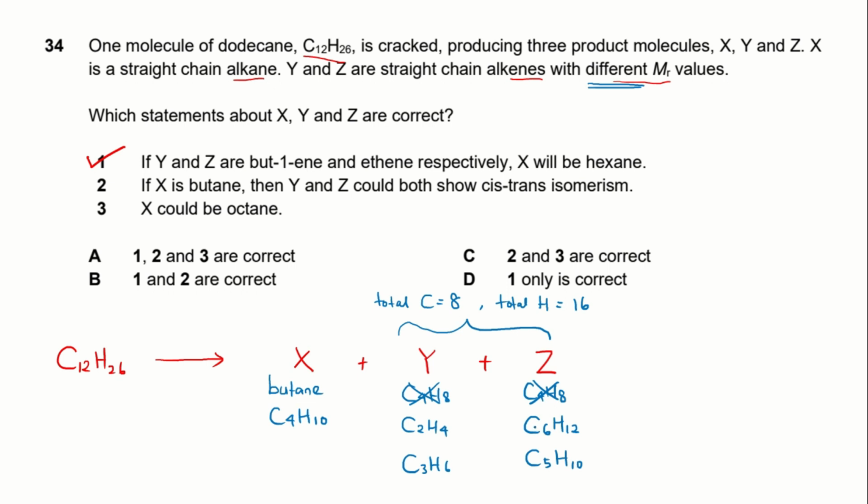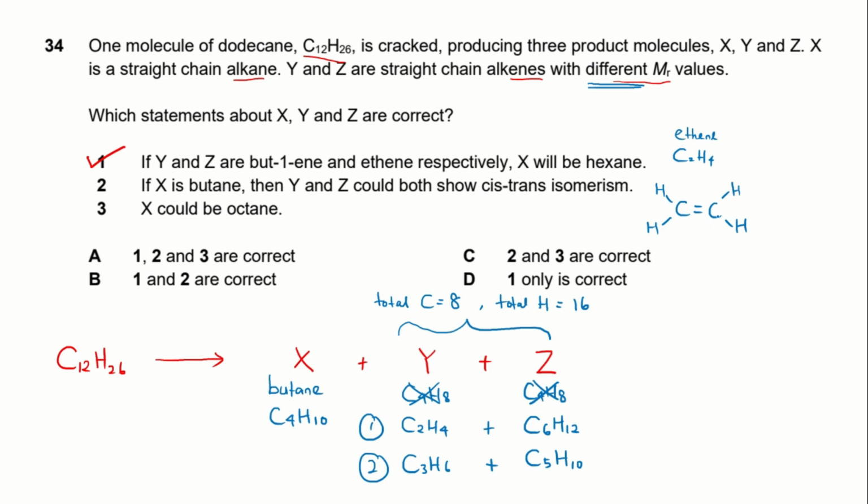Now we have 2 sets of possible identities of Y and Z. Now let us check if both of them could show cis-trans isomerism. We will start with set number 1, ethene and hexene. For a molecule to show cis-trans isomerism, each carbon sharing the double bond must be bonded to 2 different groups of atoms.